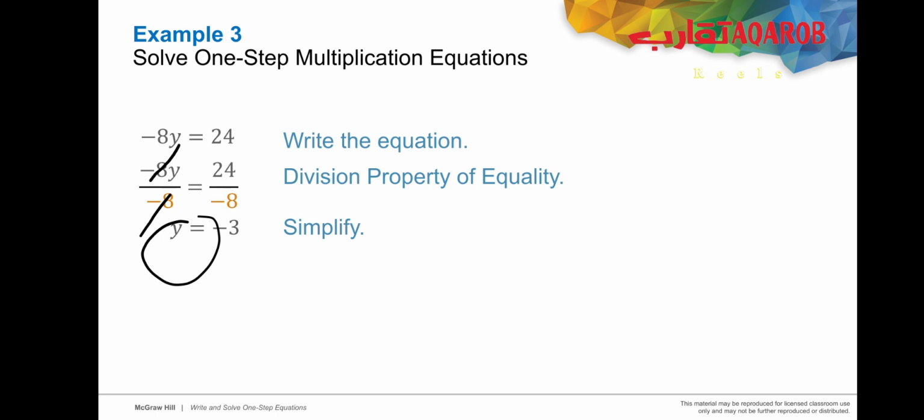Both negatives will kill each other, and the positive sign comes to the front again. So here, negative 8 over negative 8, it's always positive. Negative times negative is always positive.